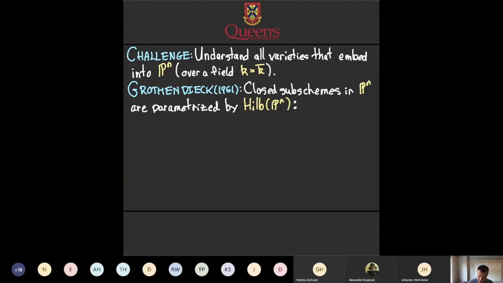To get a sense of what this means, at maybe the simplest level, every projective subvariety corresponds to a point in this space. So somehow just at the level of sets, we have a bijection.